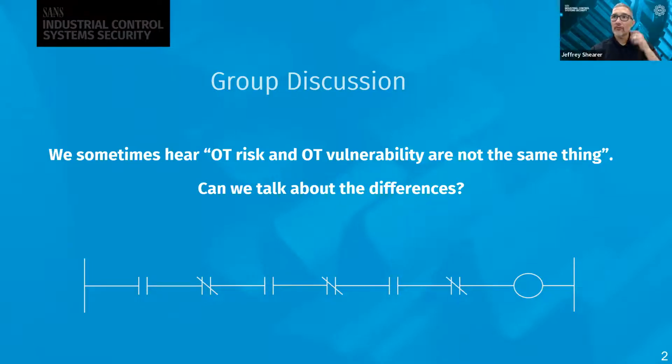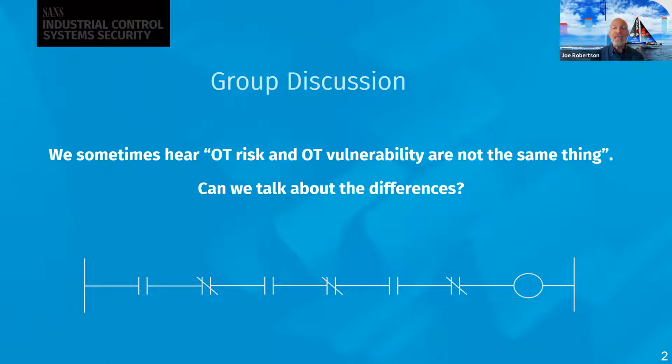Right. Joe, any additional comments? Yeah, I liked what Jay was saying about vulnerabilities being inherent in the device, in the object, in the asset itself, because that's very true, and that's something that may or may not go away.